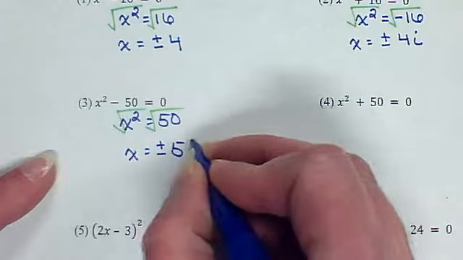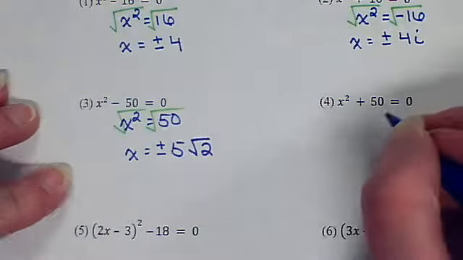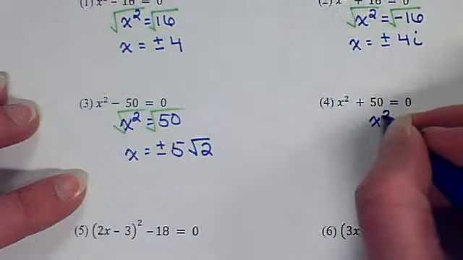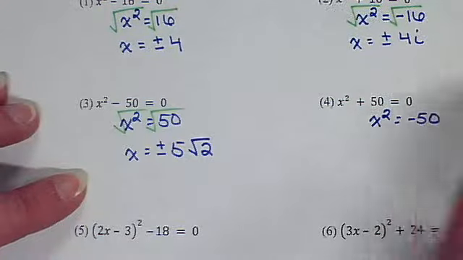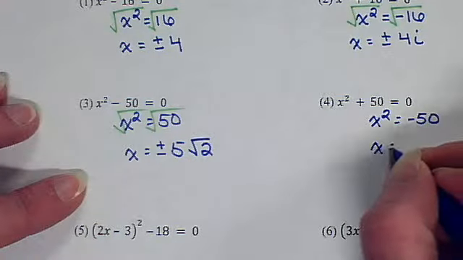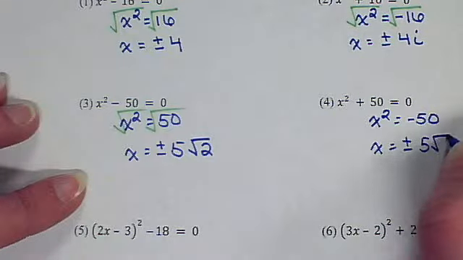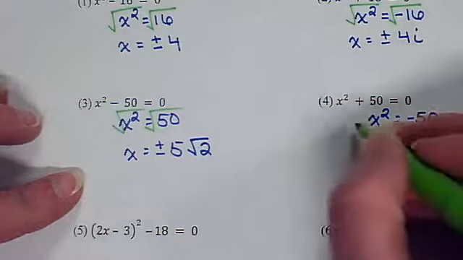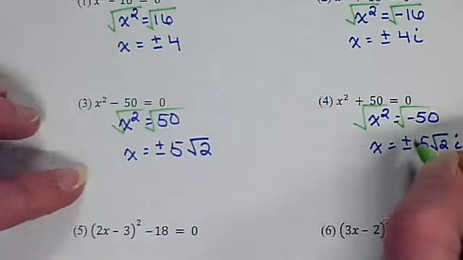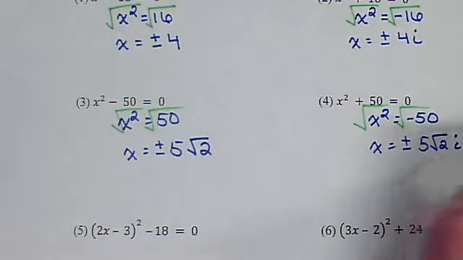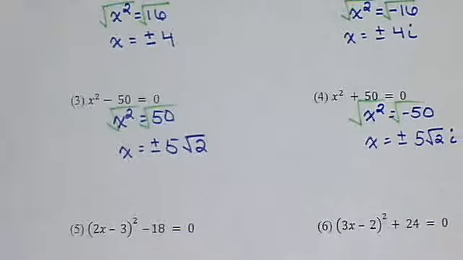So that's 5 square roots of 2. On the other side, x squared equals negative 50. x equals positive or negative, and if you're catching on, 5 root 2 i. Because when we take the square root of both sides, we have the positive and negative option, and the square root of a negative number is imaginary.